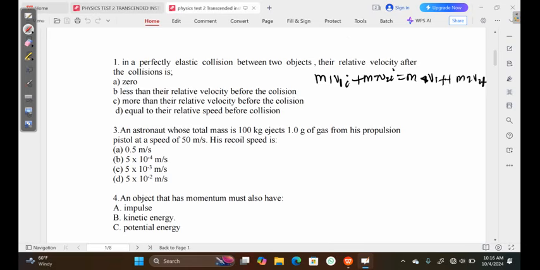One thing we should know is that under elastic collision, momentum is conserved. Two, kinetic energy is also conserved.